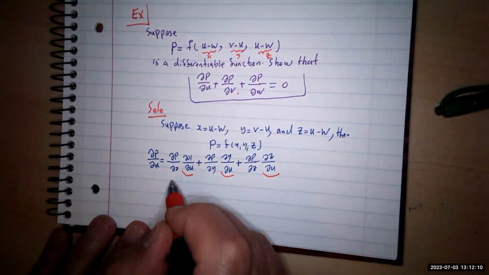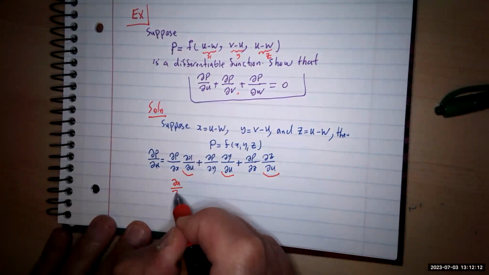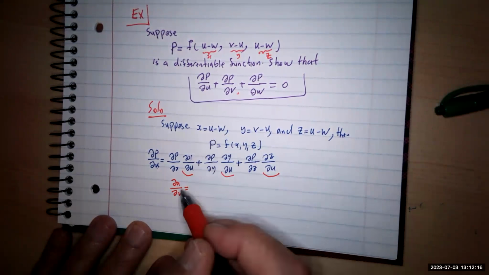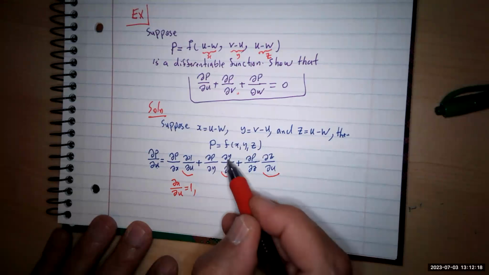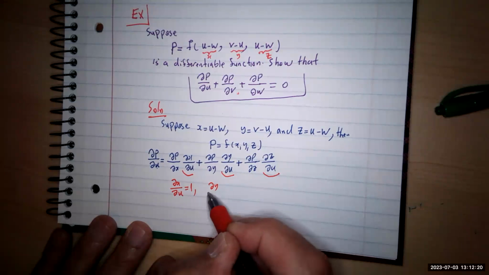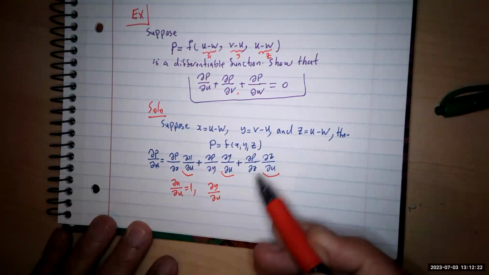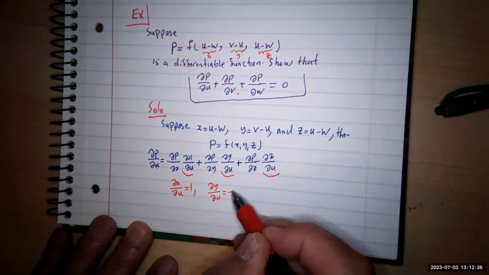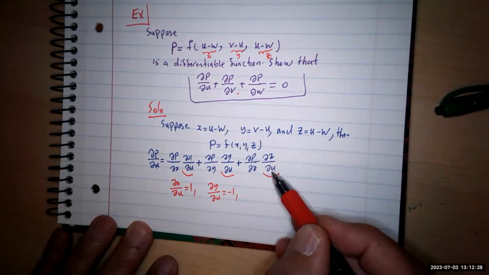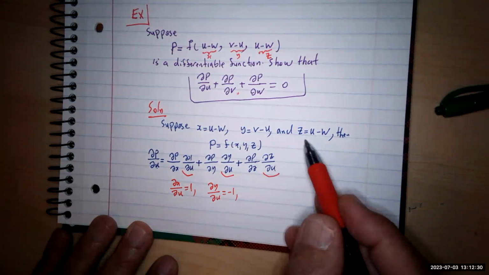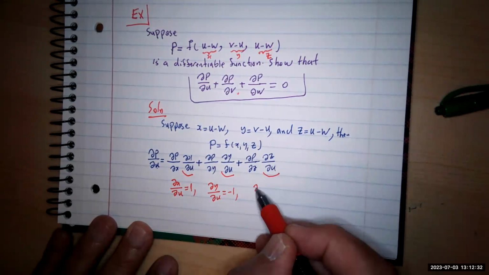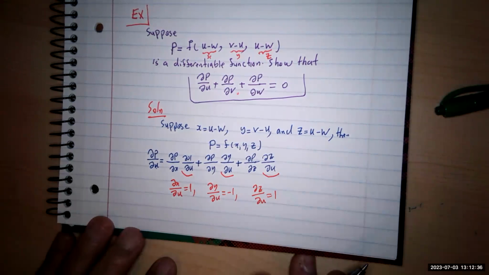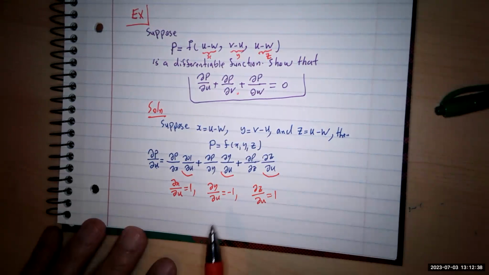These quantities are ∂X/∂U: the derivative with respect to U would be 1. ∂Y/∂U: the derivative of Y with respect to U would be -1. ∂Z/∂U is going to be +1. You don't have anything else, no worry.